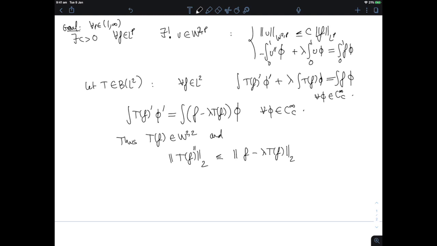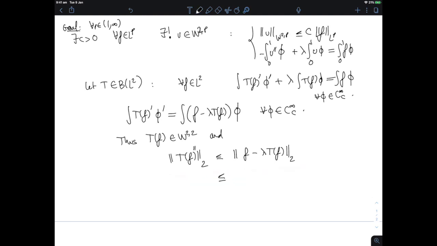You get that from this equation, because if you have the equation for all phi compactly supported in C infinity, you can take a limit and use density of that set in L2 to get an estimate against all phi in L2, and then that gives this estimate here.